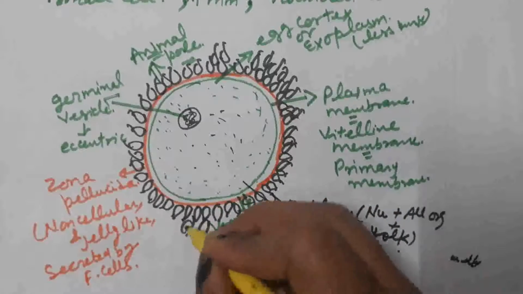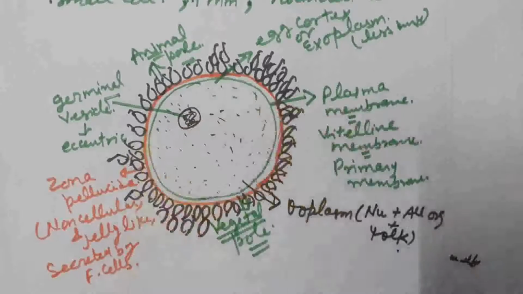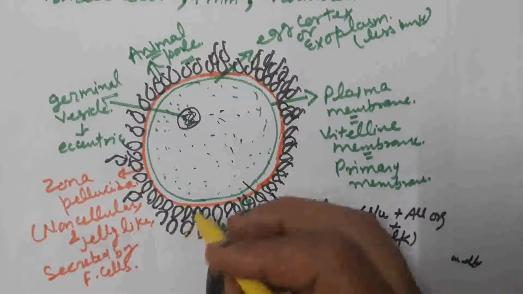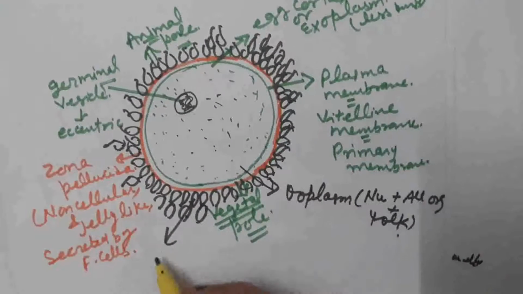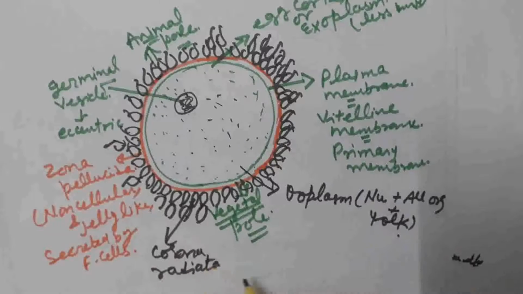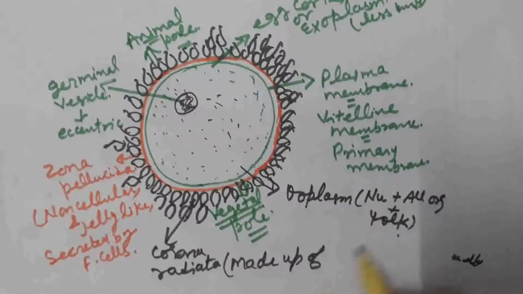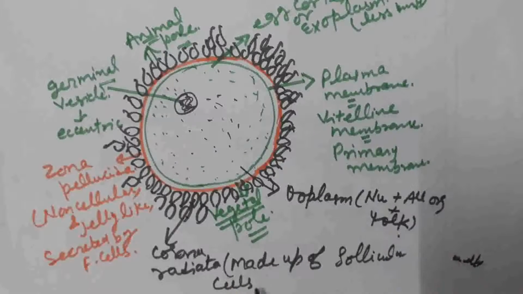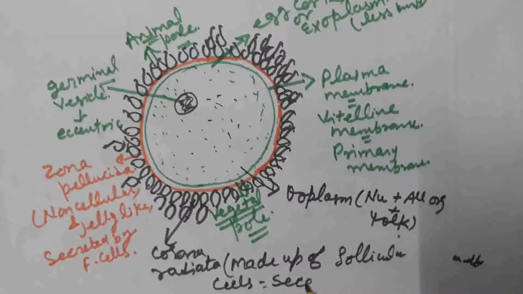So this is the third layer: the zona pellucida is the second layer, and the corona radiata is the third layer, made up of follicular cells. We also call it a secondary membrane.